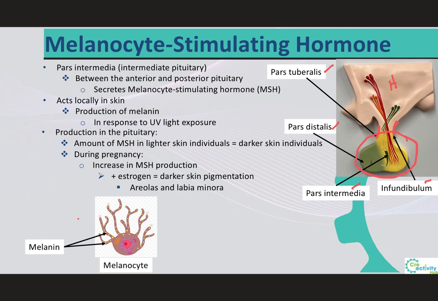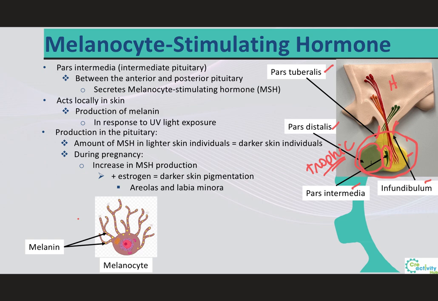Now, the pars distalis is the largest part of the pituitary gland, and it is composed of epithelial cells that are individually specialized to secrete the trophic hormones that will act, as we already know, on various target organs. Lastly, the pars intermedia is a thin layer of epithelial cells that are located between the pars distalis and the posterior pituitary, but it's still part of the anterior pituitary gland.